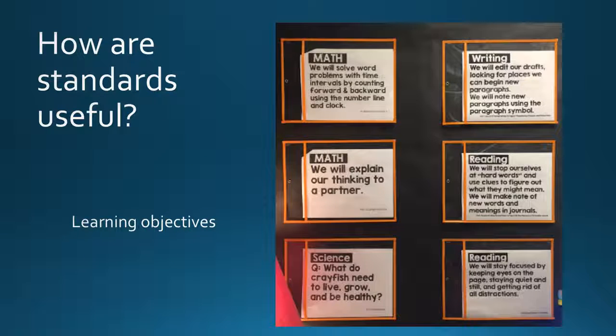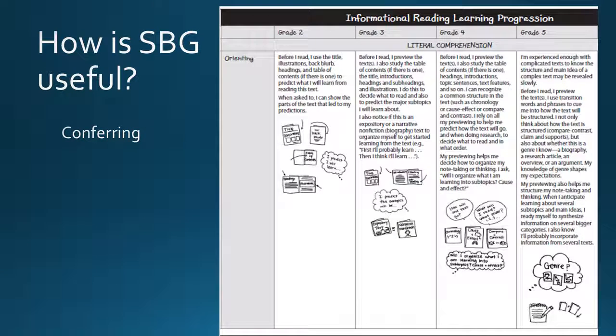Standards are very useful. One way that they're useful is they help teachers and students focus on a learning objective. These learning objectives are taken directly from our standards. Standards-based grading is also useful when teachers are conferring with the students. What you see before you is a learning progression.